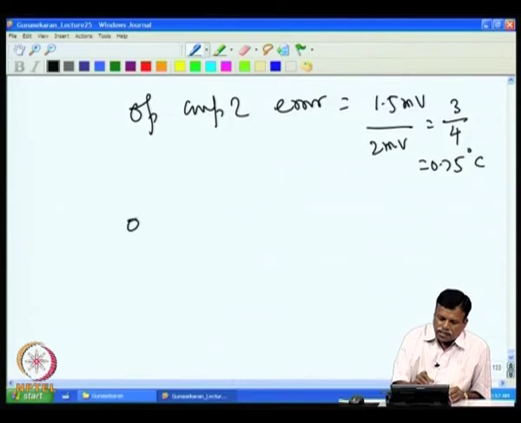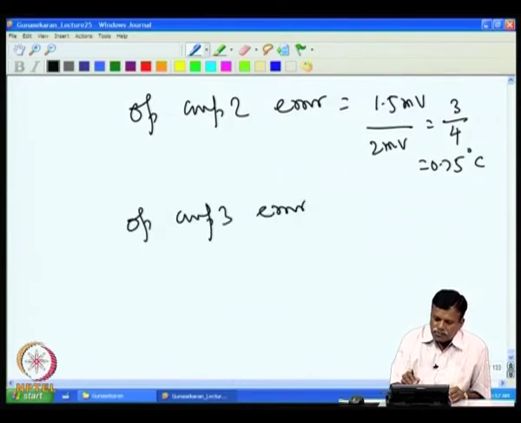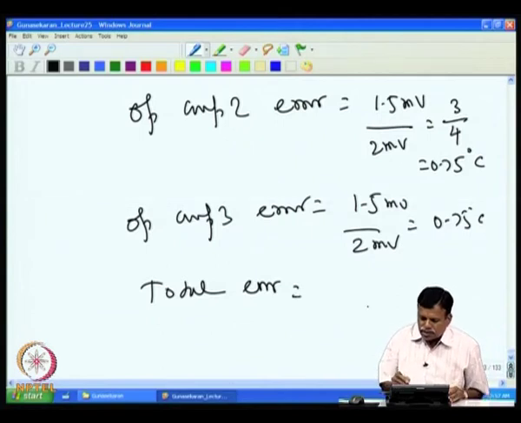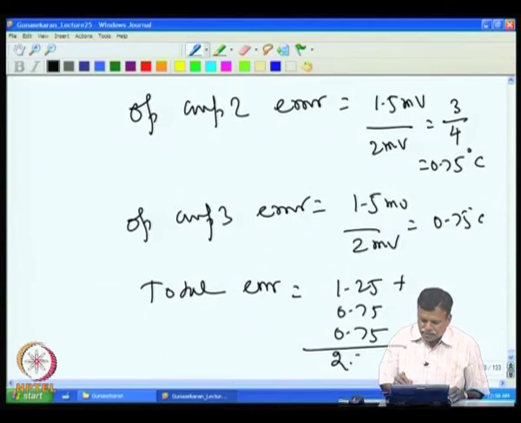The op amp 3 error would be again the same 1.5 millivolt by 2 millivolt, that is again 0.75 degree. So, total error actually becomes 1.25 plus 0.75 plus 0.75, that comes 2.75 degree.